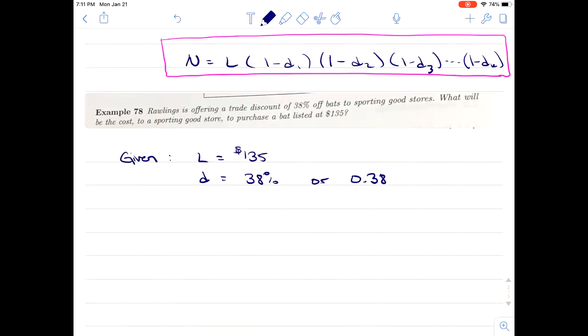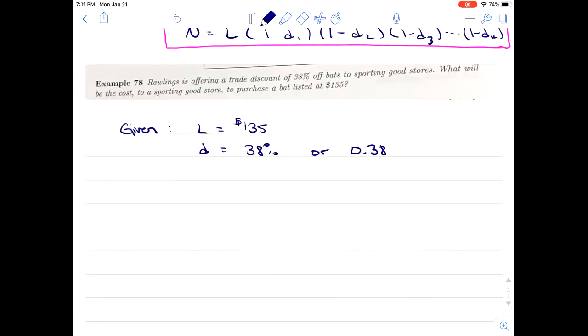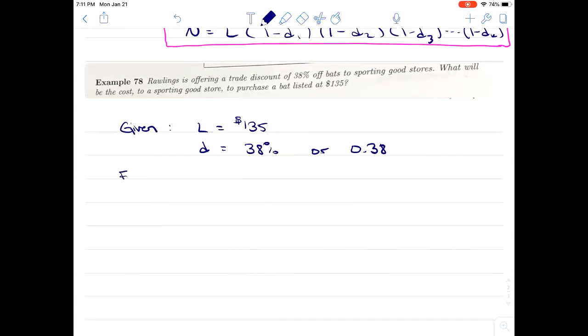And so now we want to know what will be the cost to the store, right? That's the net price. So we want to find the cost to the store, which is the net price.